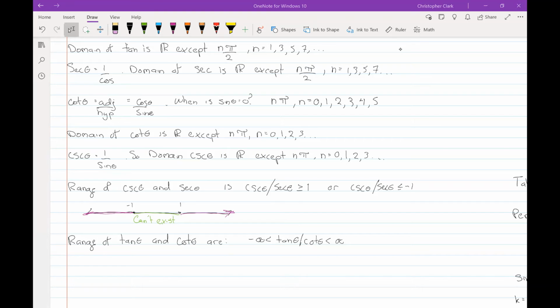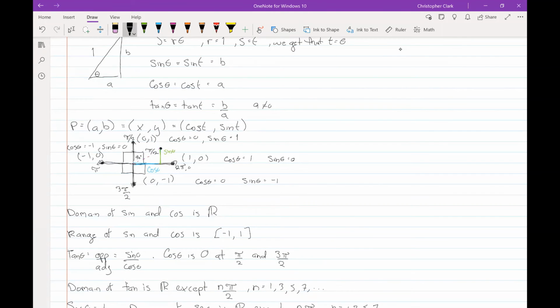Imagine, if sine is zero and cosine is one, right? That happens, let's look up here, at 2 pi or 0. At 2 pi or 0, you have cosine is 1 and sine is 0. So your tangent would be 0.